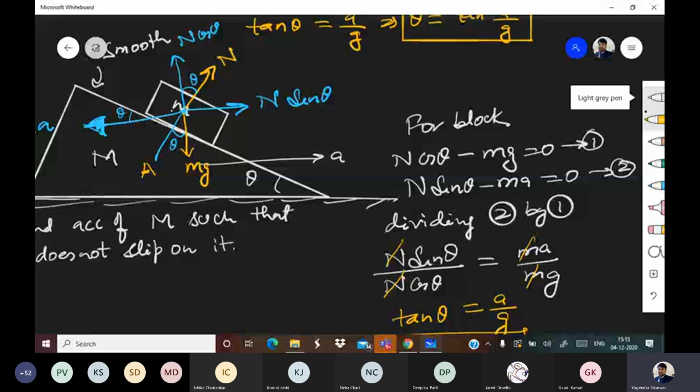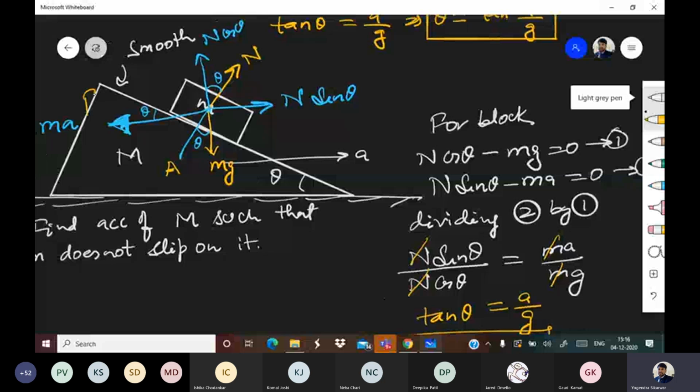So when we are talking about the motion of small m, mg is acting vertically downward on small m, right? Normal reaction will act perpendicular to the surface, because normal reaction is a push type force and it acts along the common normal. Third force is pseudo force, F pseudo, which is equal to ma, and that is along horizontal and opposite to the acceleration.